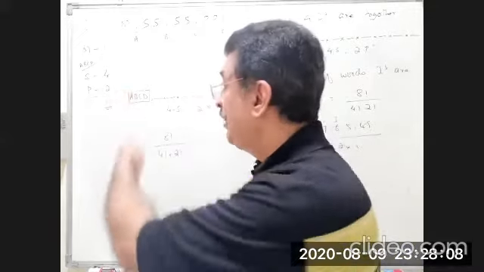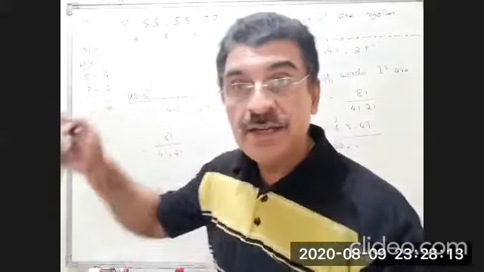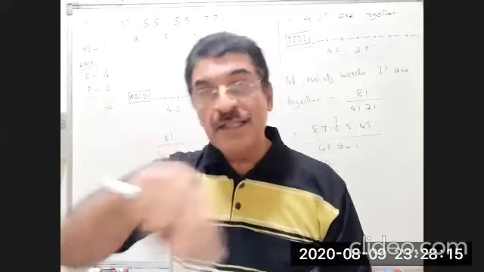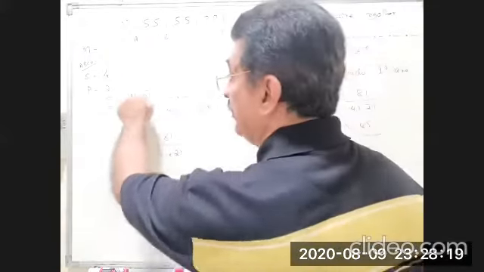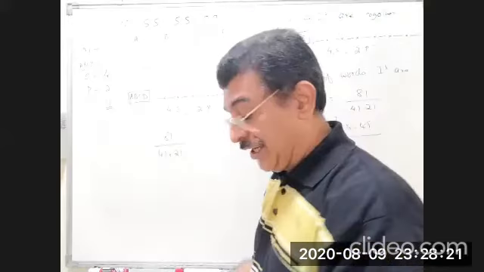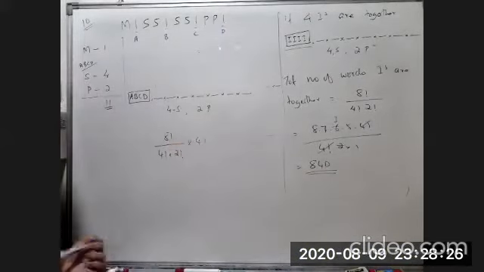Again starting with B, BACD, BCDA. Because these 4 letters can be arranged within themselves inside the box. Inside the box, this can be arranged in 4 factorial. So this much into 4 factorial also will come.